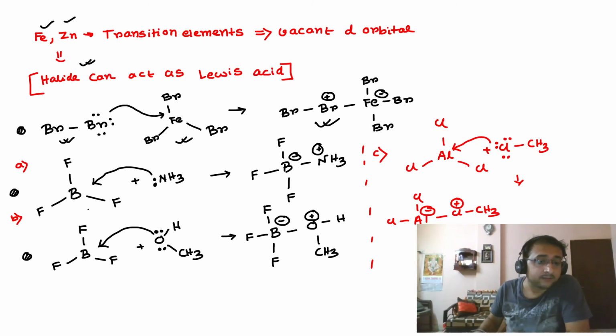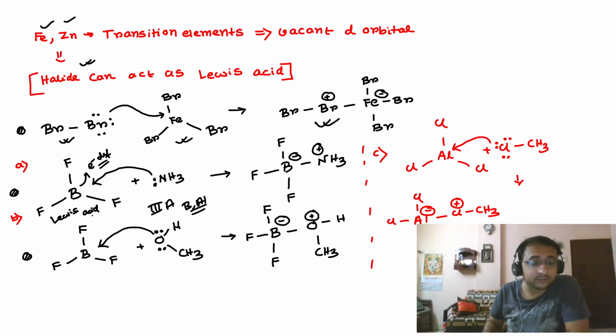Now, if you see this example, boron trifluoride and ammonia. I have already told you that for all the group 3A elements, like boron and aluminium, the octet is not filled. So this boron center in boron trifluoride is a very electron deficient center, and it always prefers to accept electrons. So it will act as a Lewis acid.